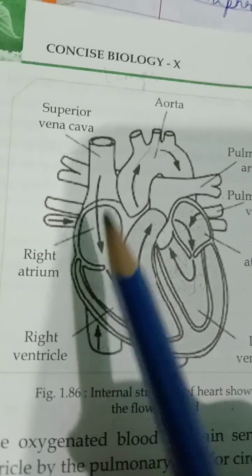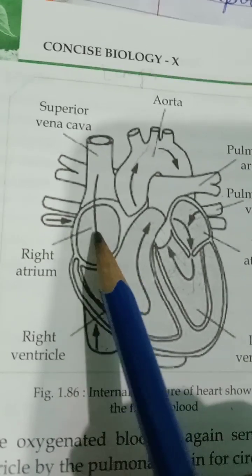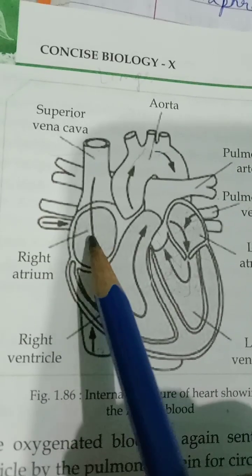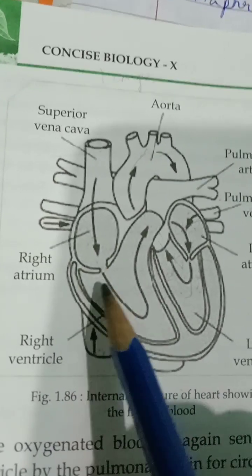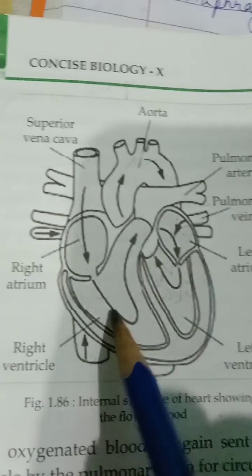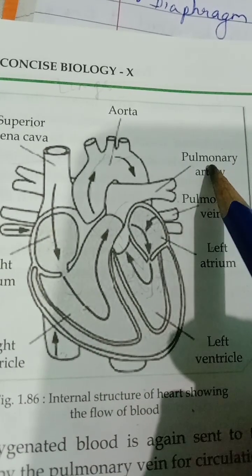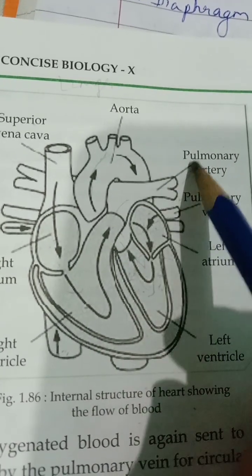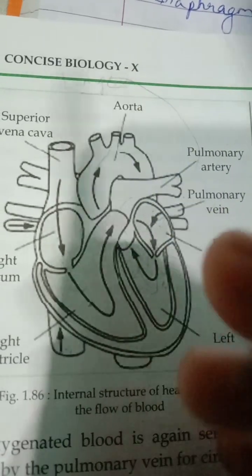the right atrium. So automatically it will undergo relaxation, that is diastole. As the pressure goes on, the tricuspid valve will open and the blood will come to the right ventricle. From the right ventricle, it will go towards the pulmonary artery, which will take the deoxygenated blood towards the lungs for purification.